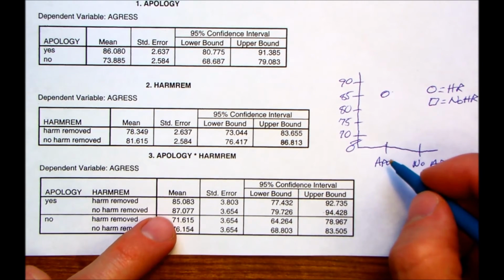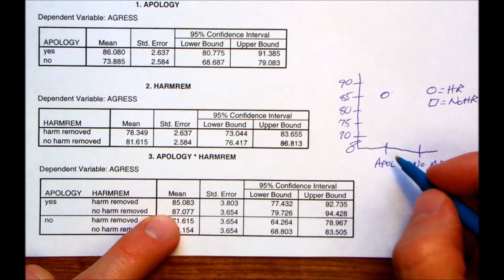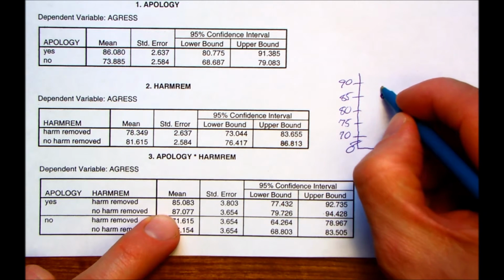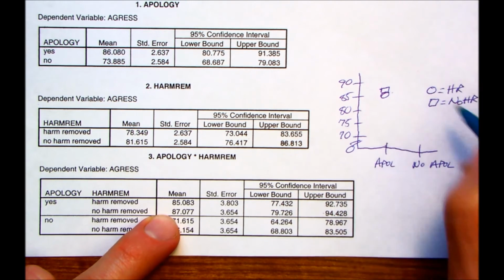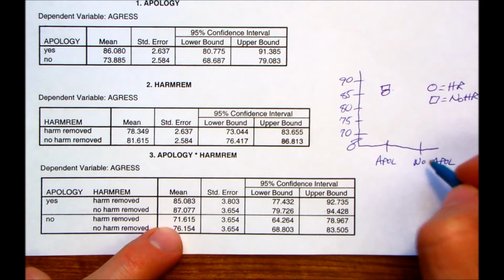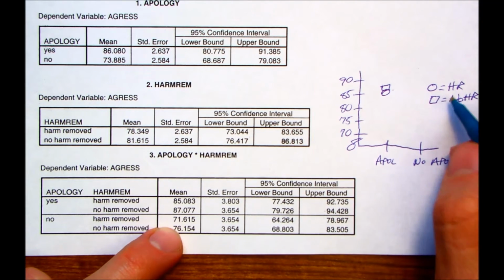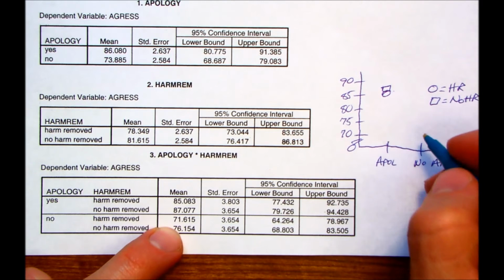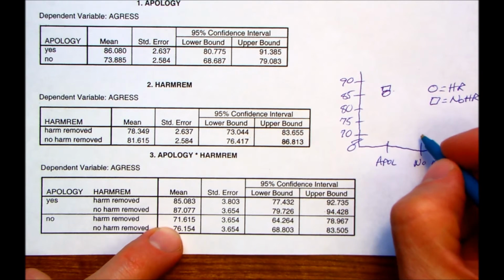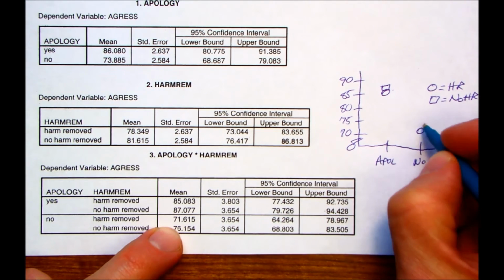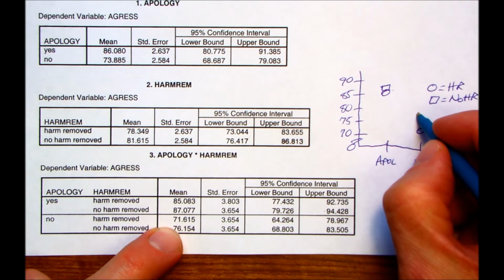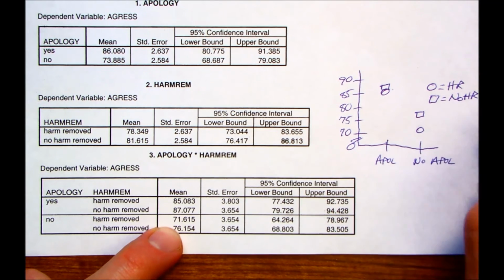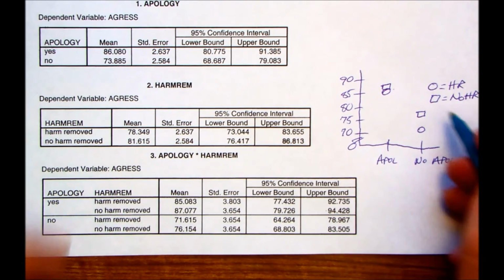For the apology condition, no harm removed, 87. So that's roughly about right there, just a little bit above it. The no apology, harm removed, would be 71. And then 76 for the no apology, no harm removed.